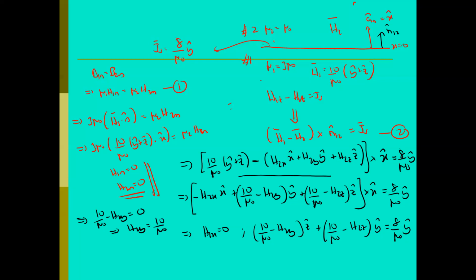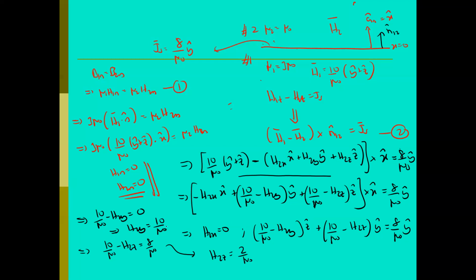And for the Y component, we have similar terms, whereby we're going to have 10 over mu naught minus H to Z equals to 8 over mu naught. That's for the Y component. And the solution for that, we're going to have H to Z equals to 2 over mu naught.